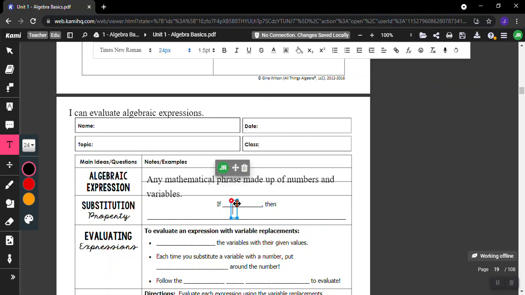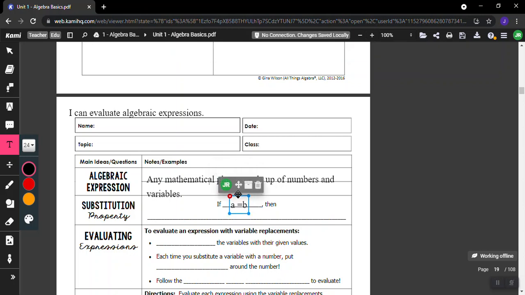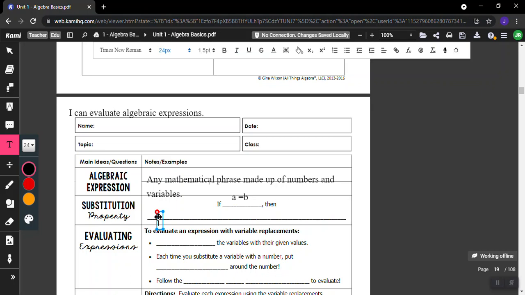The substitution property says if a equals b, then a may be replaced for b in any expression.